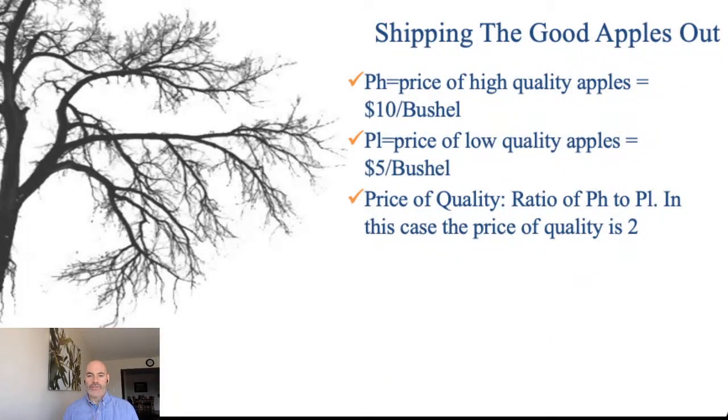In order to answer how the first law of demand relates to product quality, I would like to start with an example. And then as we move along, we can classify things here and there. Shipping good apples out.